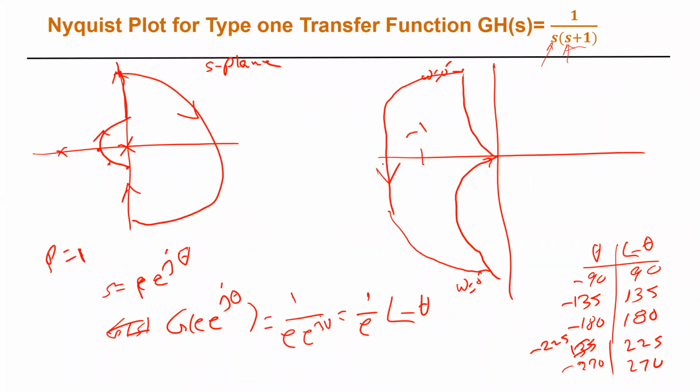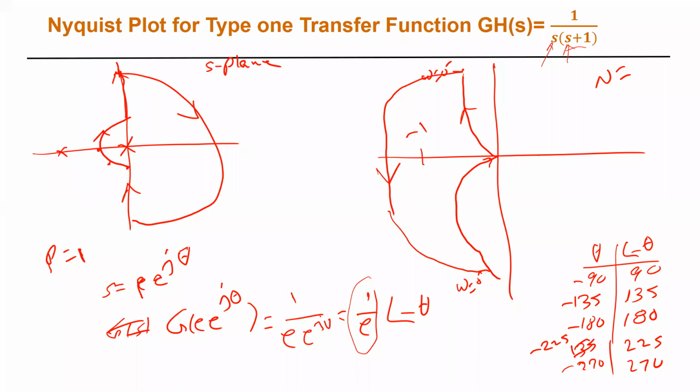How did you know, Doctor, that minus 1 is inside, not outside? We are at 1 over rho, and rho is a very small number.